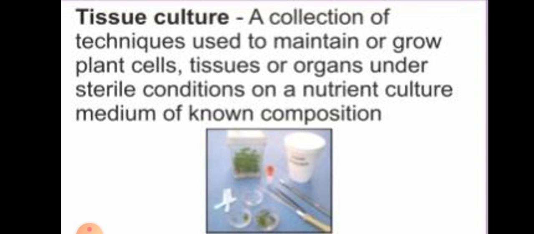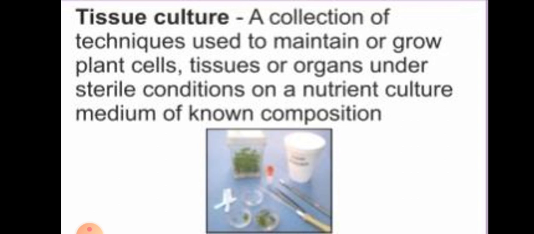A piece of tissue is cut from a desired plant and kept in a nutrient medium under controlled condition, and the tissue starts growing into a mass of cells called callus. This callus is placed in a different nutrient medium where it starts developing plantlets. These plantlets are buried in pots of soil to obtain new varieties of plants.